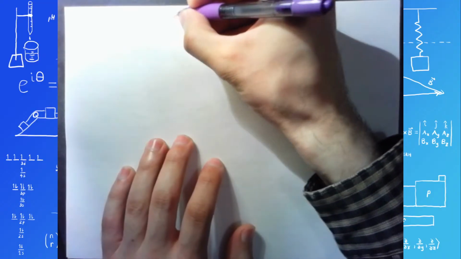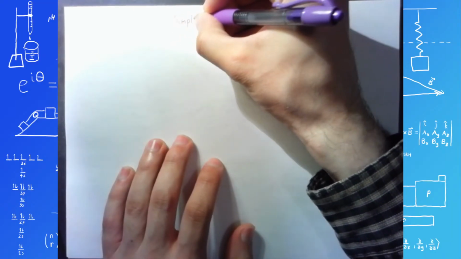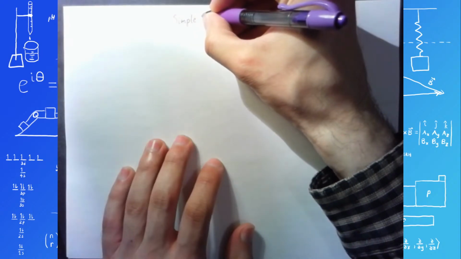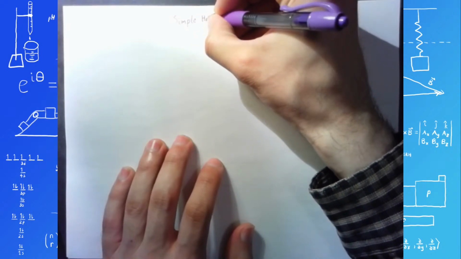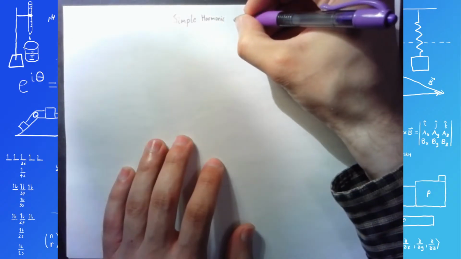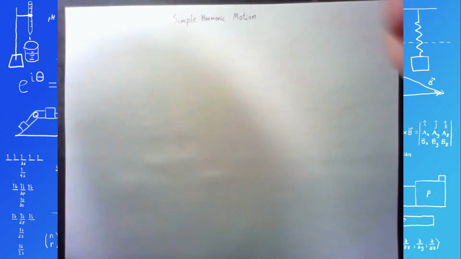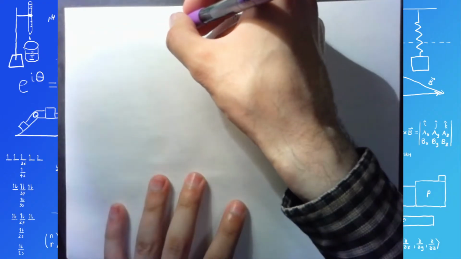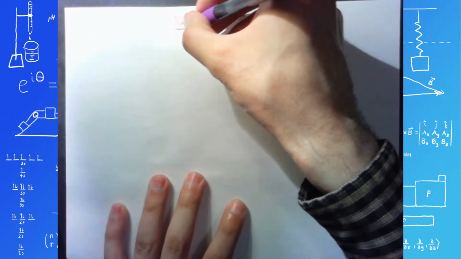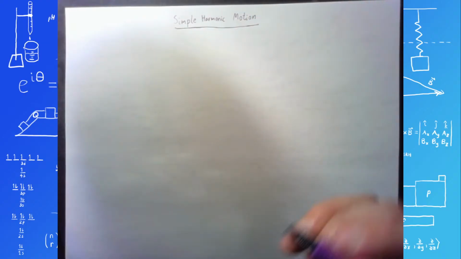Simple harmonic motion, often just abbreviated SHM if you see that while browsing around on the internet. Simple harmonic motion. What is it? We've talked about motion with constant acceleration. We've talked about projectile motion.